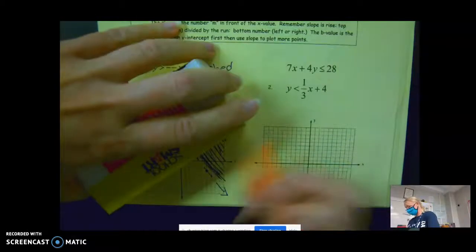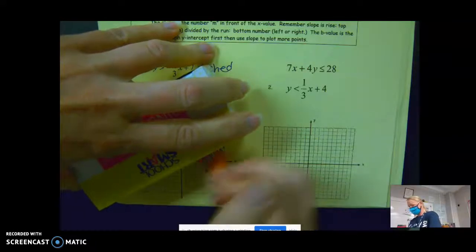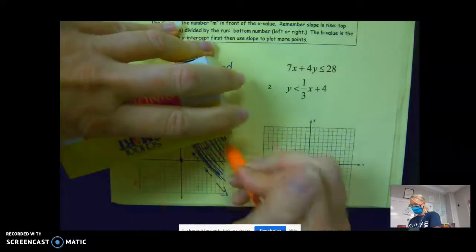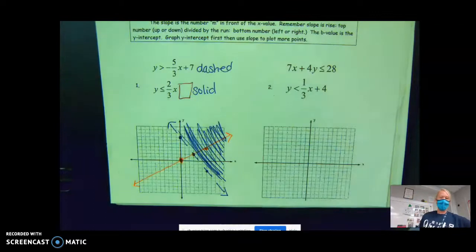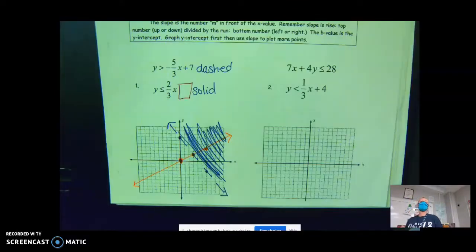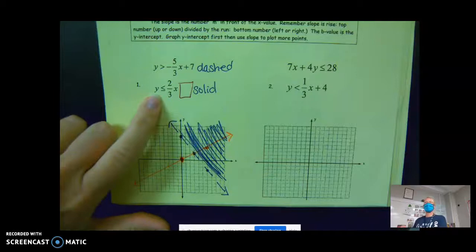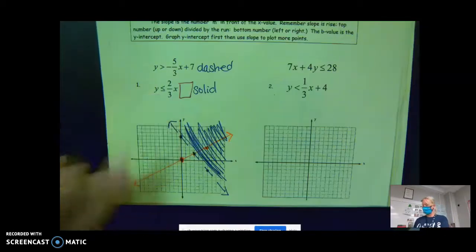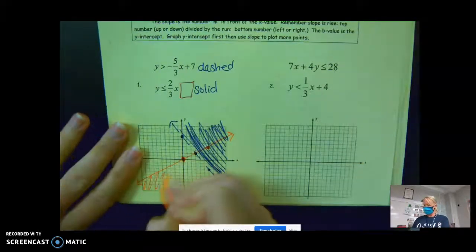This is a solid line. So I'm going to connect this solid line. Now, this one says it's less than. So would that be above or below my orange line there? If it's less than, do I want above or below the orange line? Below.